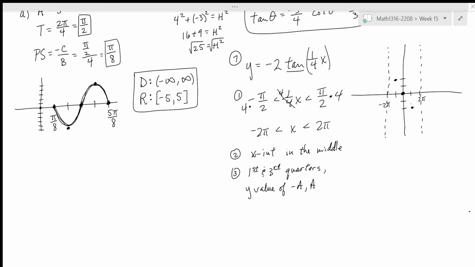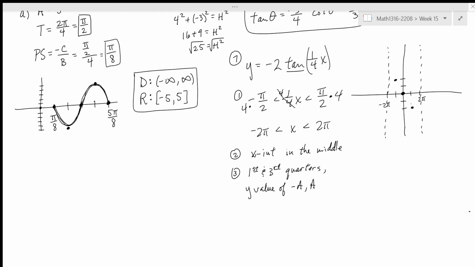So when I say the first and third quarters, if you look from one asymptote to the other, quarters means 4, right? 4 quarters is $1. So here's the first quarter, second quarter, third quarter, fourth quarter. Okay? So at the first quarter, I'm going to be at negative a, which would be down here, but the a is negative.